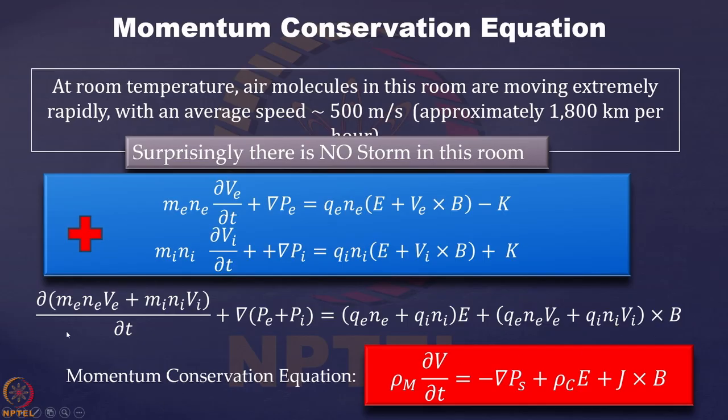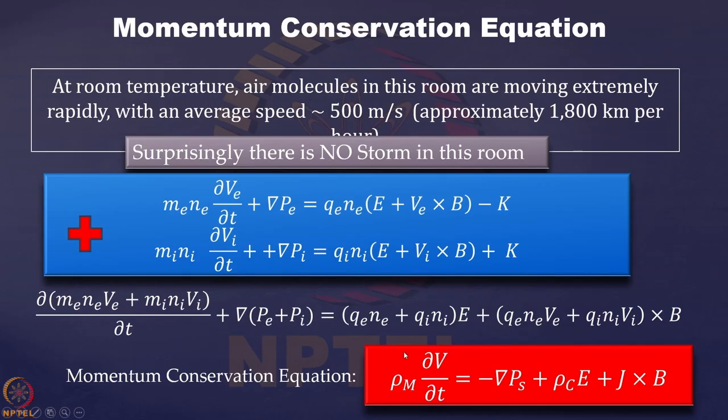Now as per our definition, this is nothing but the center of mass fluid velocity, so ρ_m ∂V/∂t, and this gives you P_e + P_i. When we consider the plasma as a combination of two fluids, one electron fluid and one ion fluid, pressure is additive, so this is contributed by the electron fluid component and this by the ion fluid component.